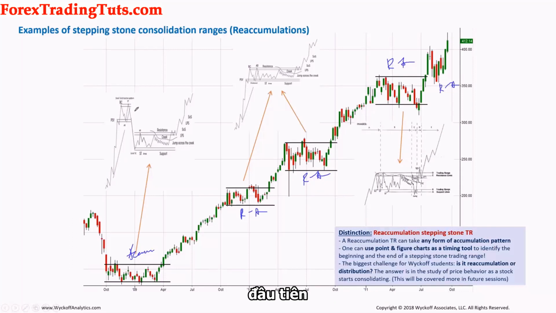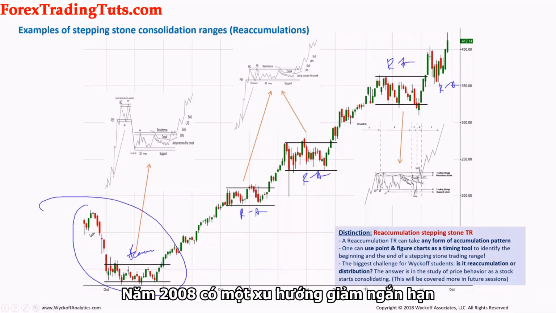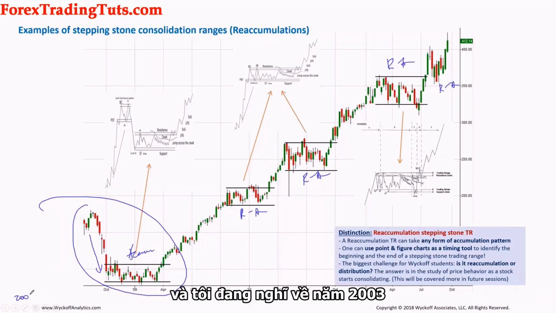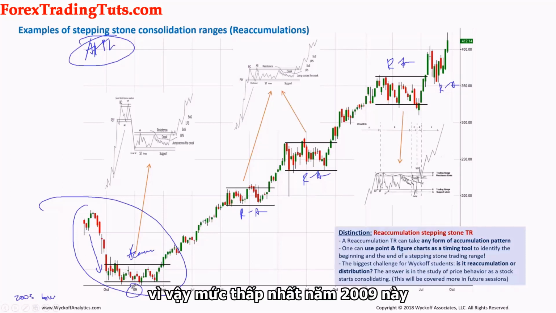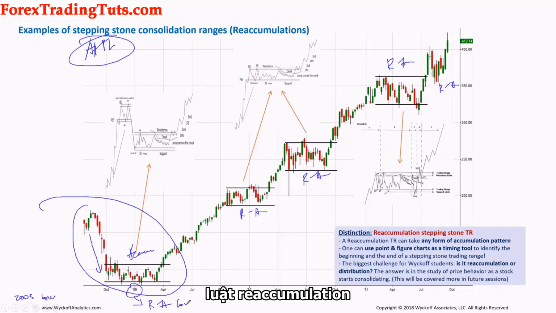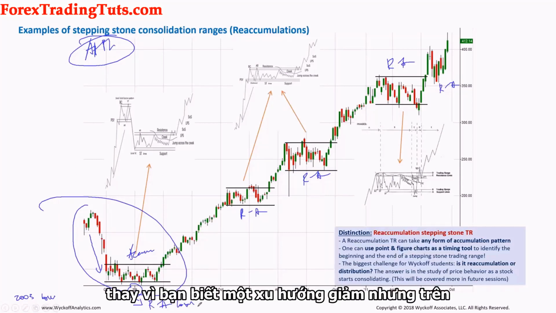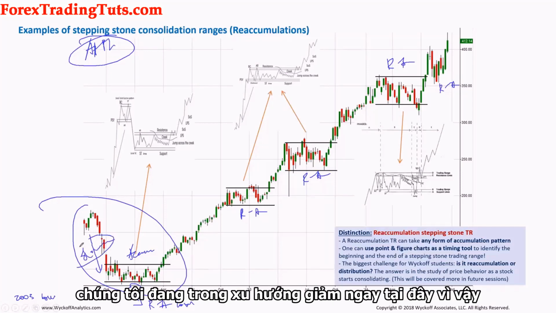The first pattern shows us that in 2008 there was a short-term downtrend, and I'm thinking about the 2003 low for Apple, and this is Apple. So this 2009 low on the secular basis acts as a reaccumulation low rather than a downtrend. But on a short-term basis, we are in the downtrend right here.